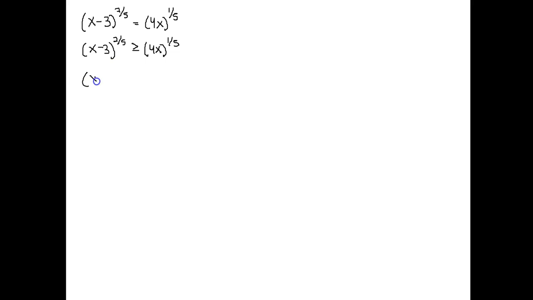And let's say we have to do x minus 3 to the 2/5 power is less than 4x to the 1/5 power. All right. So 5th power, remember that's basically saying radical index of 5. Basically what you have here is the 5th root of x minus 3 quantity squared equals 5th root of 4x. That's the same thing.